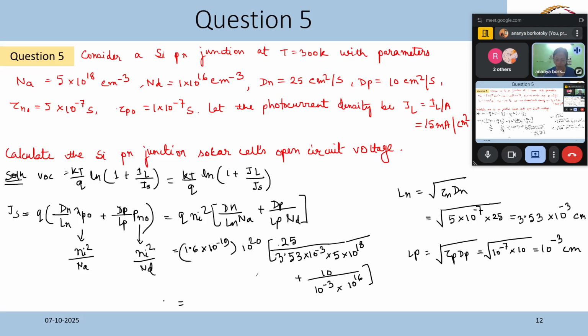We'll get some JS, which comes to about 10 into 10 to the power minus 12.